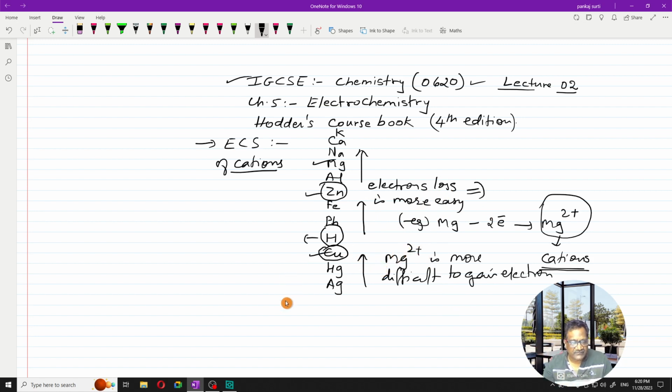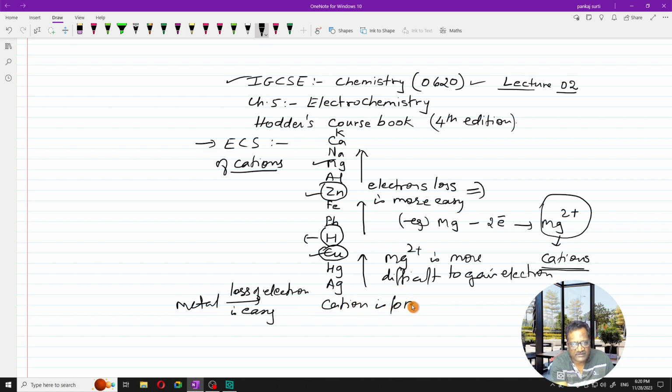Let me write that for you. When you have a metal, and the loss of electrons is easy, suppose, then what will happen? Positive ions will be formed, that is, cation will be formed.